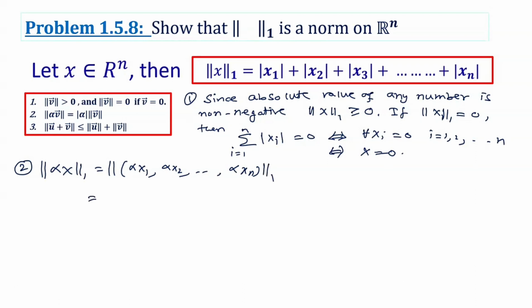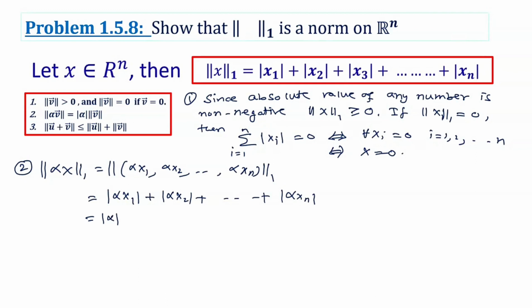So this is nothing but the absolute value of αx1 plus the absolute value of αx2 plus the absolute value of αxn.